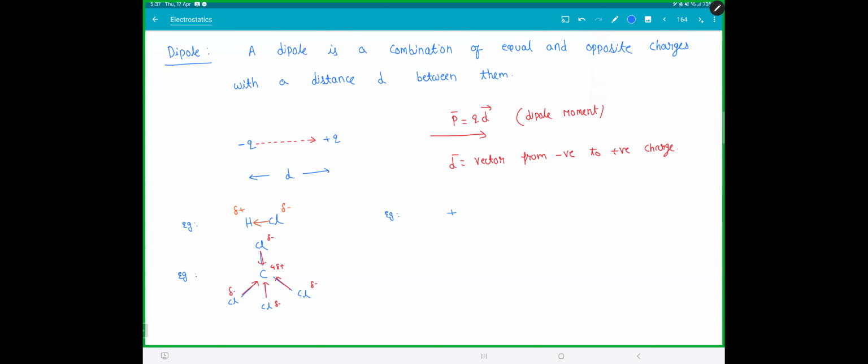So suppose you have a system like this, let's say 2q, minus q and minus q. So exactly not equal and opposite, but what you can do in this kind of a case, with angles of 30 degrees and 30 degrees, I can split this into plus q and plus q, minus q and minus q. So you can basically split the plus 2q into two small pieces. This is one dipole moment and this is one dipole moment, where p bar is equal to q into a.